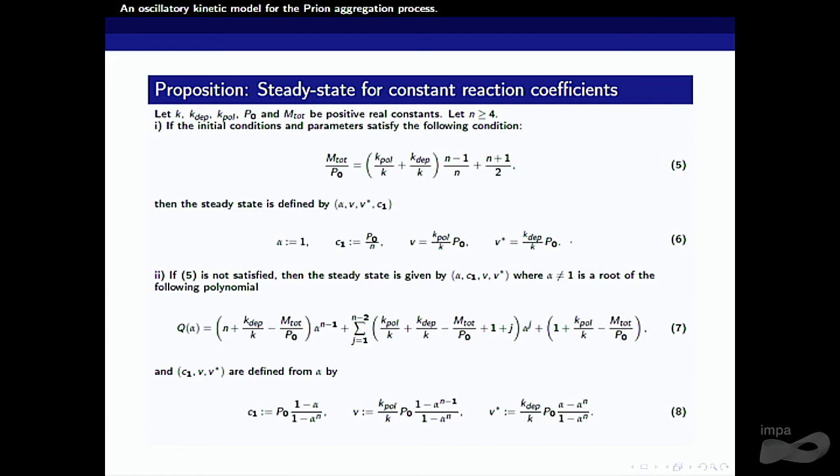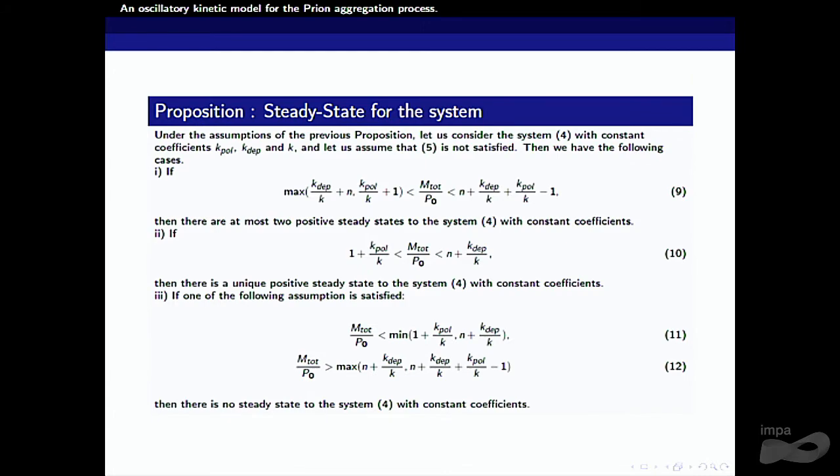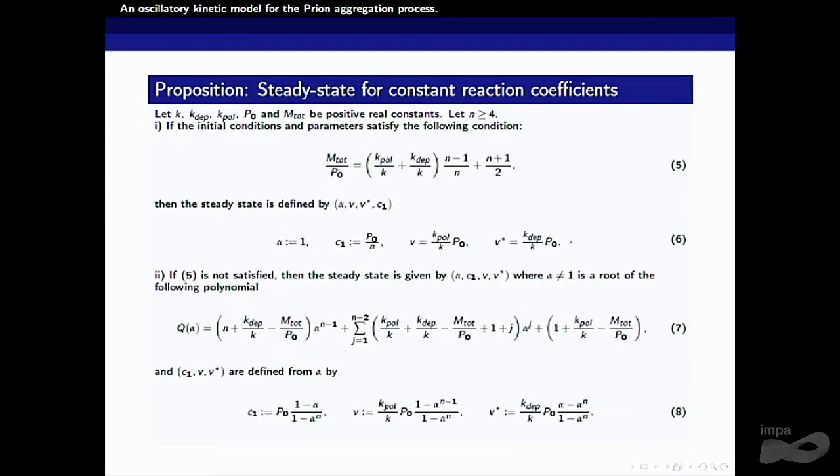And then if this condition is not true initially, then we actually get a closed formula for the steady states, but alpha is given as the root of this polynomial. Okay. We get another piece of information about the steady state of these systems: what we want to study now is that we reduce the problem to studying the root of this kind of polynomial.